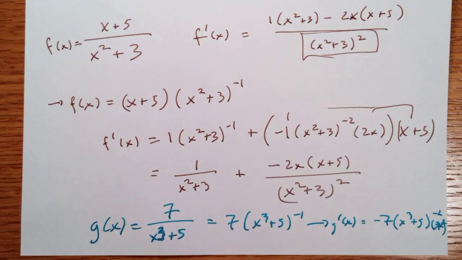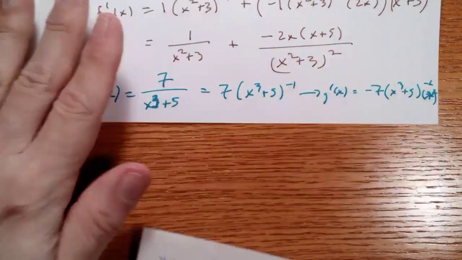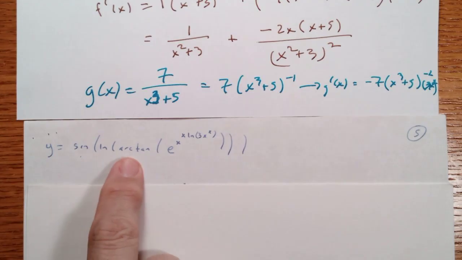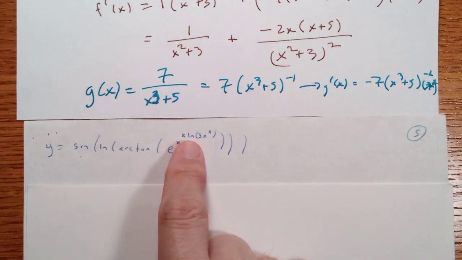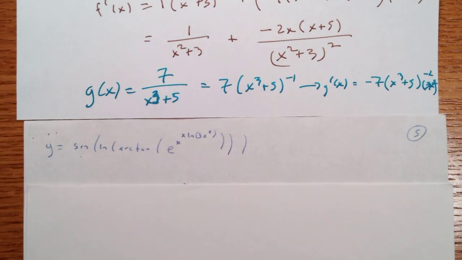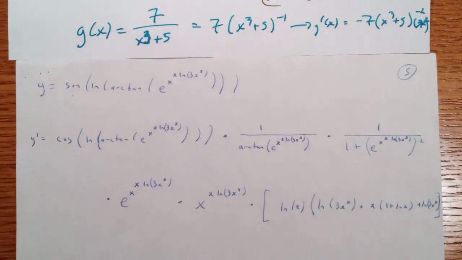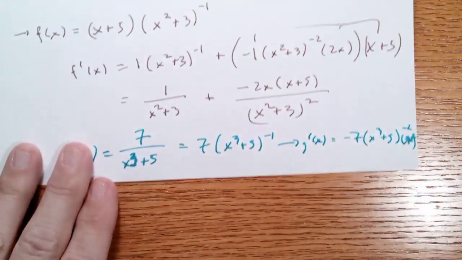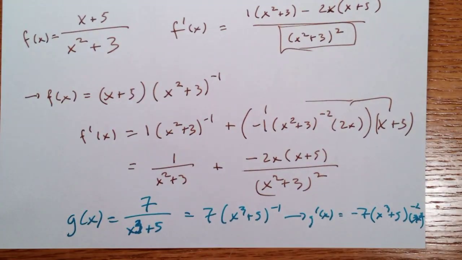The very last chain rule problem I did when I interviewed here at Seton Hill was 1, 2, 3, 4, 5, 6, 7, 8, 9 layers deep. 9 layers of chain rule. But it works. This is a very, very powerful theorem.